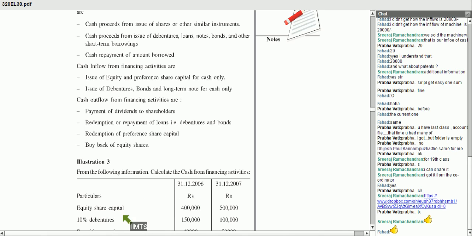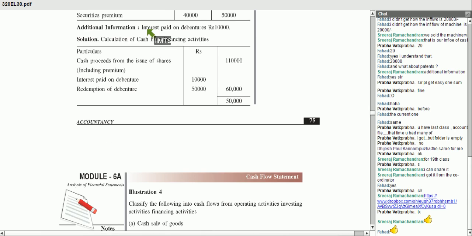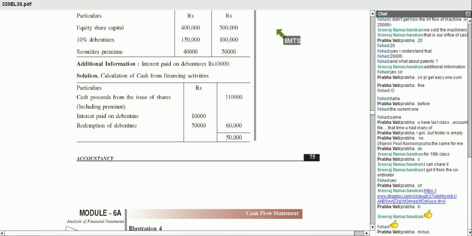Equity share capital is given, debentures is given, securities premium is given. Additional information given is that interest paid on debentures is rupees 10,000. Do you want me to show the solution, or do you want to try first, everyone? You have to find which things to subtract and which things to add.